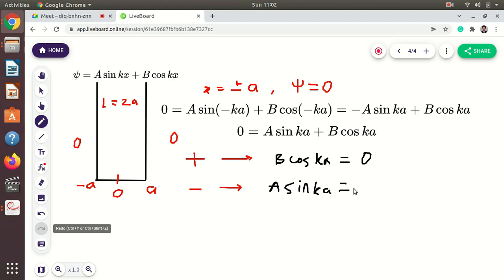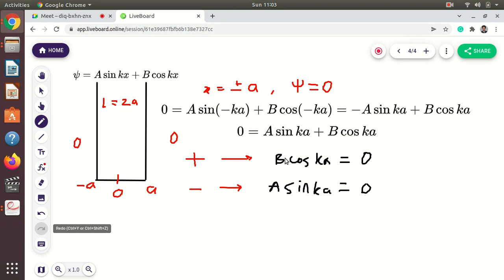Now consider this is our wave function. Both cannot be 0 simultaneously. If b is equal to 0, then a cannot be equal to 0, and then sin ka has to be equal to 0. Or if a is equal to 0, then b cannot be 0 and cos ka has to be equal to 0. Because if a and b both are 0, then the whole wave function is equal to 0. But we know there is some wave function inside the well.